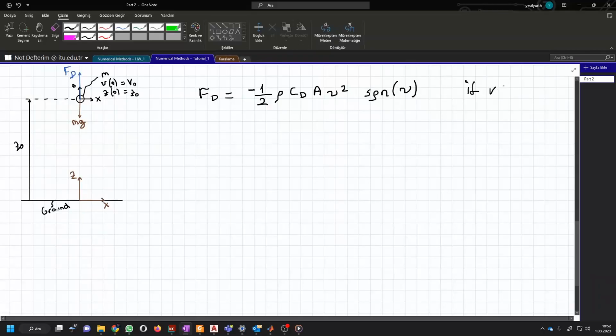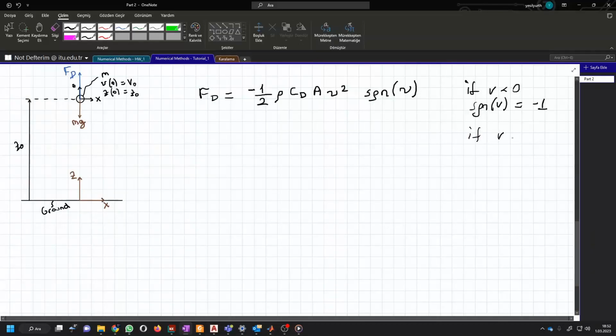If v is smaller than 0, sign v will be equal to -1. I already have a minus here, so the total sign of the formula will be positive, which means the same direction as the force sketched in here. And this is true. If I'm going downward, the aerodynamic drag force must resist me towards the positive z direction. This is true.